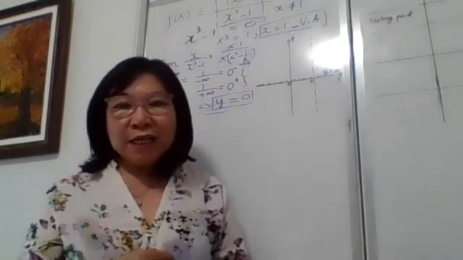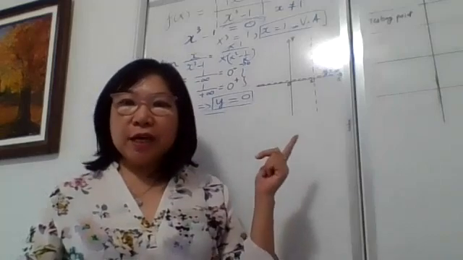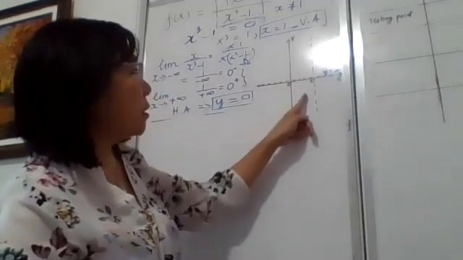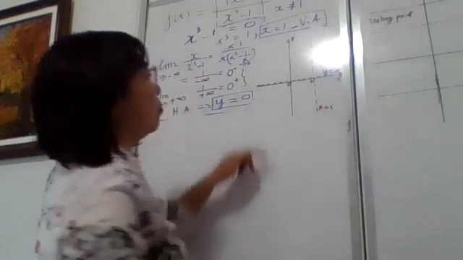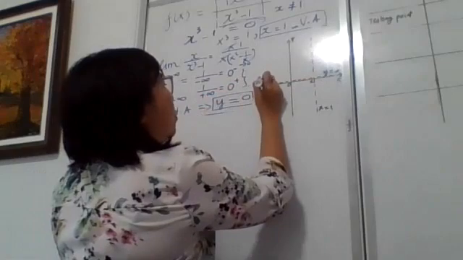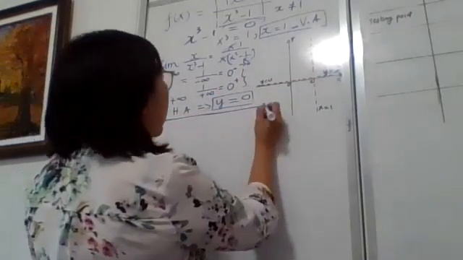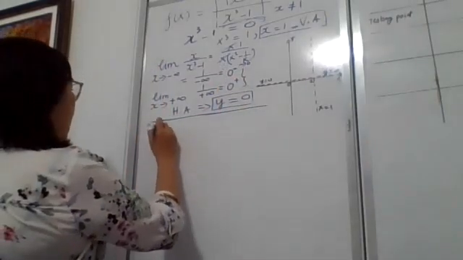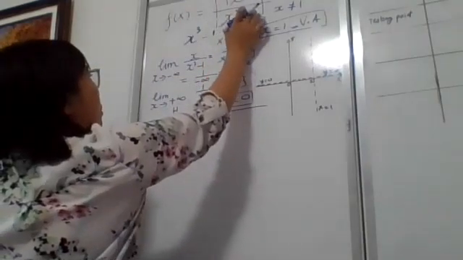Okay, so we analyzed the limit of the function, and we realize that we have one vertical asymptote at x equals 1, and one horizontal asymptote at y equals 0. So at this point, we can move on and do the first derivative. For the first derivative, y prime, I will use the quotient rule.